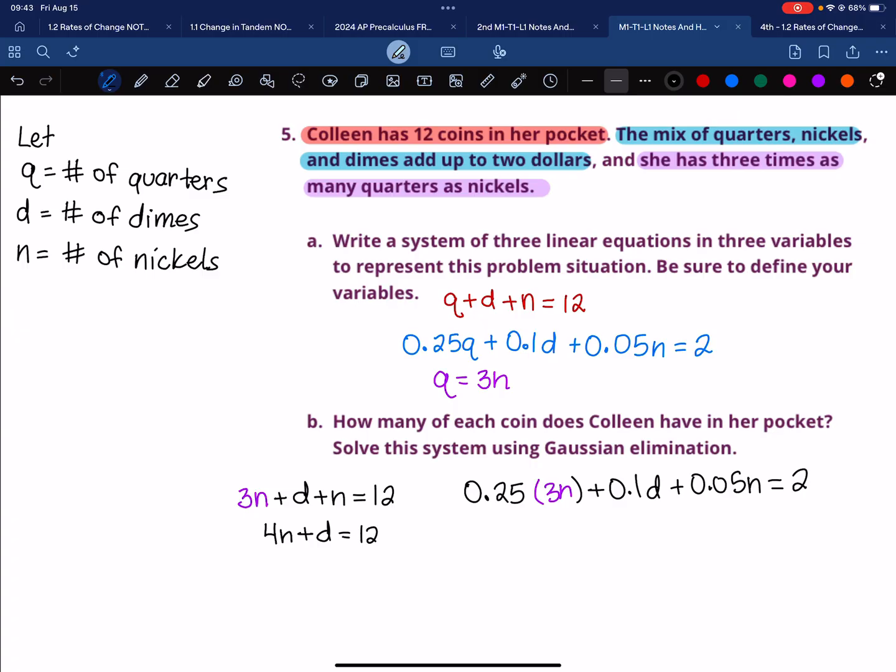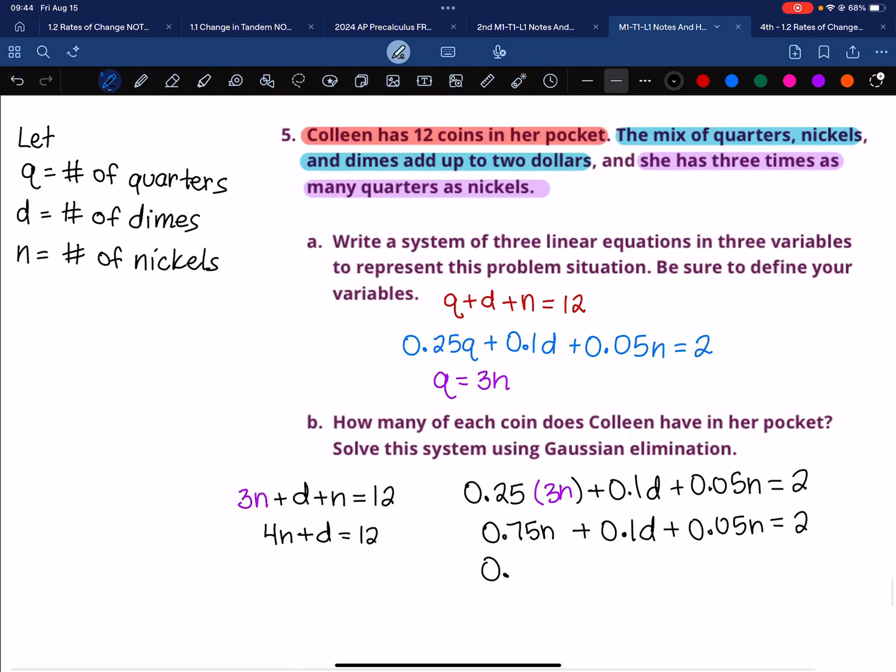So 0.25 times 3 is 0.75. Then when I combine my like terms, 75 cents plus 5 cents, that is 80 cents.